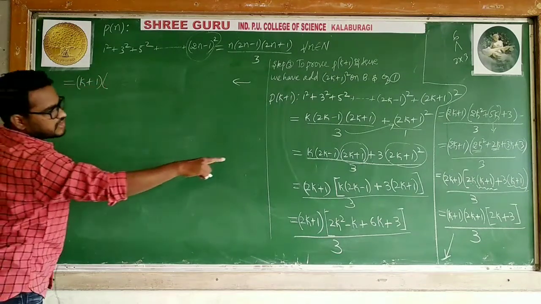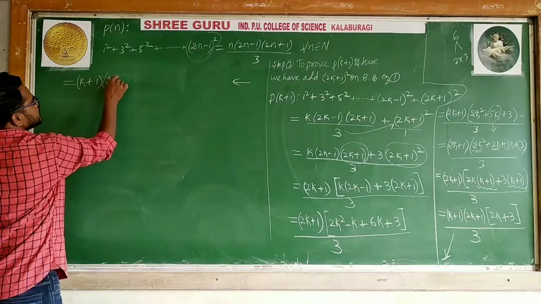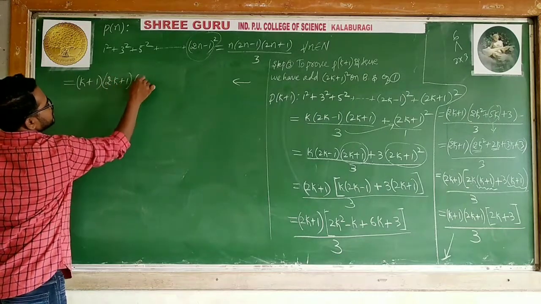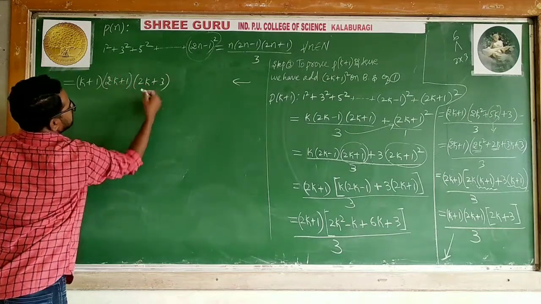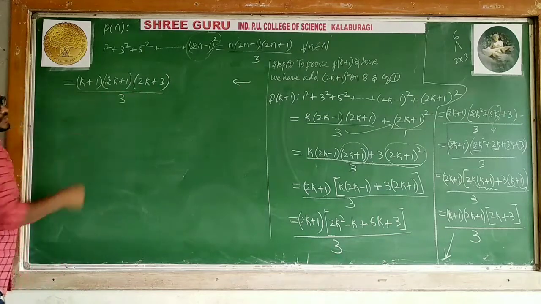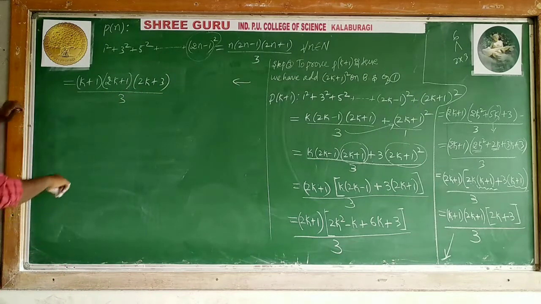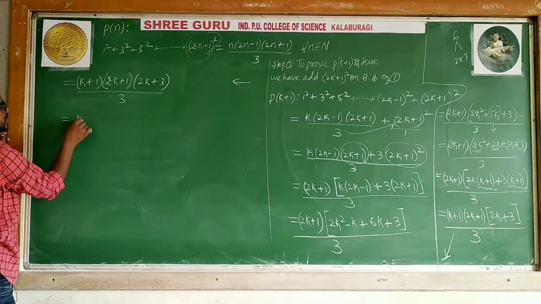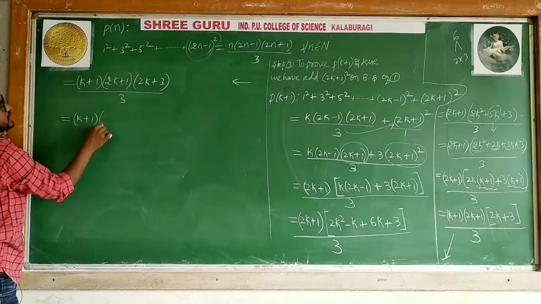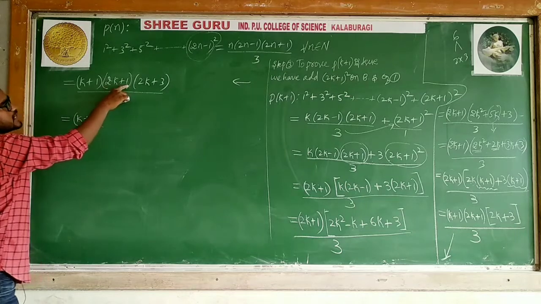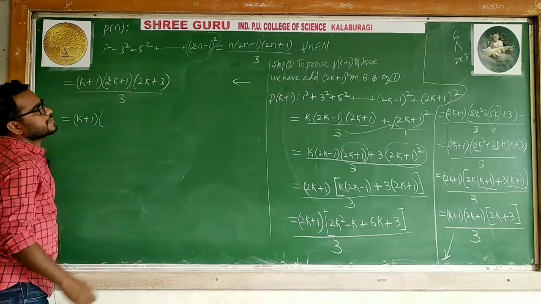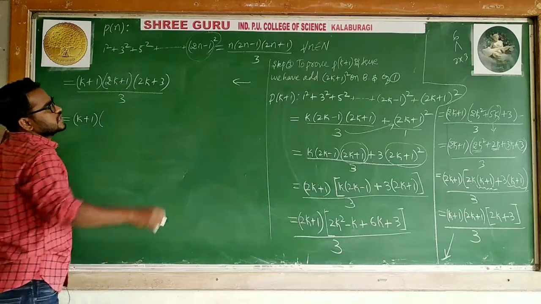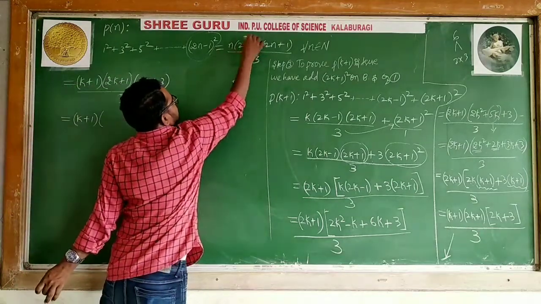In the bracket what we have? 2k plus 1, 2k plus 1, and 2k plus 3, whole divided by 3. Actually n place is k plus 1. Now 2k plus 1, actually I need 2 into k plus 1 minus 1. N place again k plus 1.